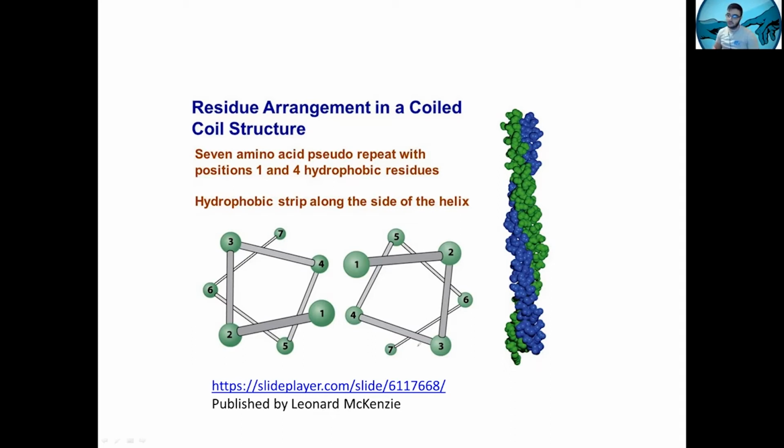The rest aren't really important, but know that it is 1 to 7, and 1 and 4 have these hydrophobic residues, and that's because they're usually stacked on top of each other. Again, hard to see because it's 3D, but imagine these are technically stacked on top of each other. So that's why they have hydrophobic pores.